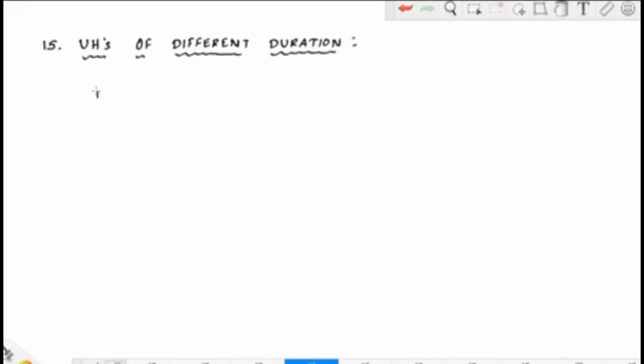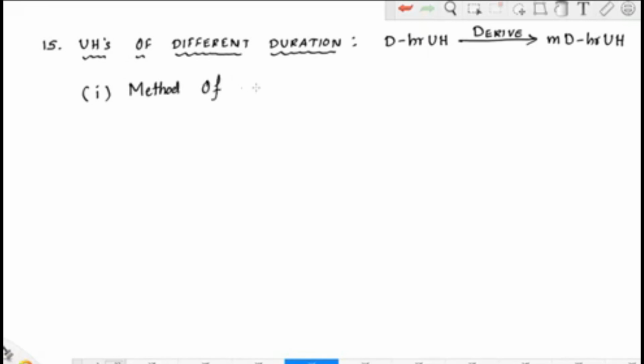Now there are two methods. The first one is the method of superposition. The basic definition is given: a D-hour unit hydrograph, and we are supposed to derive an MD-hour unit hydrograph.